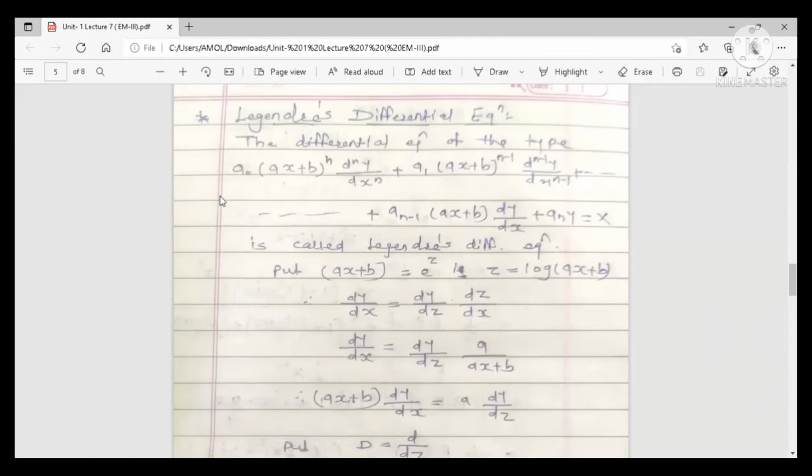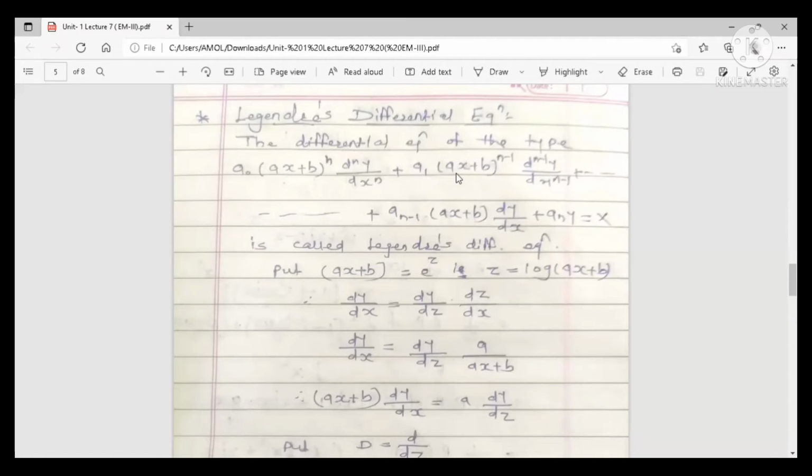See, with the derivative term, the first term, the nth order differential coefficient d^n y by dx^n is there. With that derivative term, there is a polynomial function in the form of ax plus b and its degree is n. So with the derivative term, there is a polynomial function with the same degree, and a constant coefficient is also there in every term. So this type of equation is called Legendre's equation.